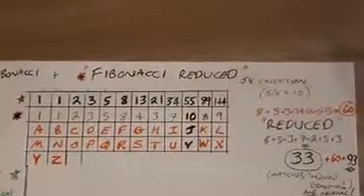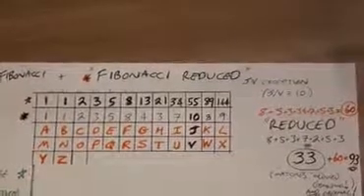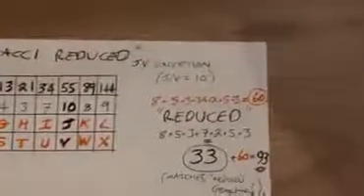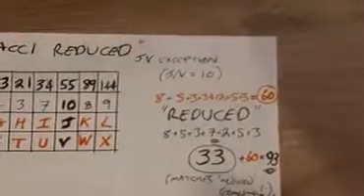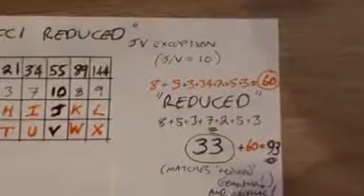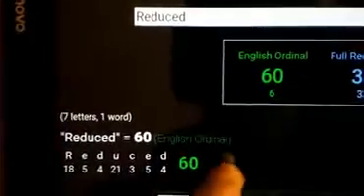Reduced. Matches the actual ordinal gematria. Very different numbers. I'll just show the numbers as a comparison. So that's the Fibonacci and reduced Fibonacci gematria. That's the ordinal.